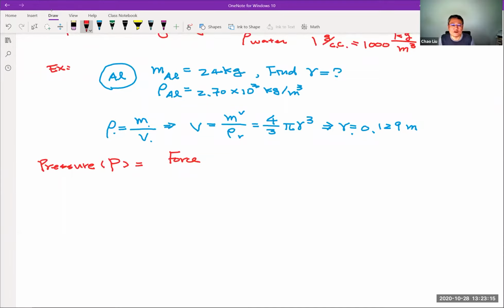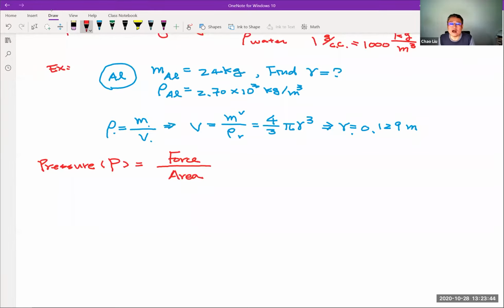Same amount of force, if you push on a smaller area, you feel more pressure, and with a larger area, you have a smaller pressure. That means pressure and area are inversely proportional. They are totally opposite. So in the equation, we put the area at the bottom. So pressure is equal to force divided by the area.